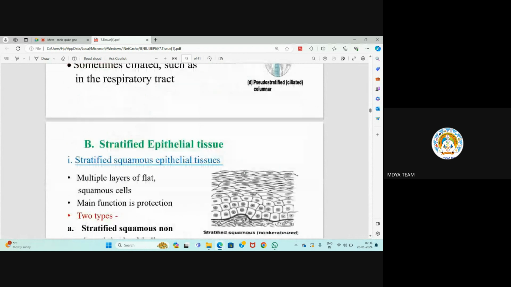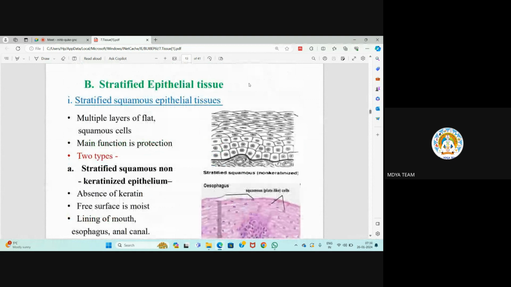See, here we are studying stratified epithelium tissue, and just like simple epithelium tissue, we are also having similar kind of divisions in stratified epithelium tissue too. First comes squamous stratified epithelium. Squamous is flattened. Stratified means multi-layered, but squamous means flattened.